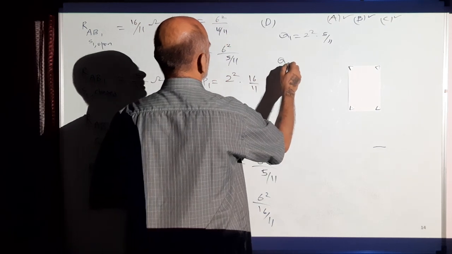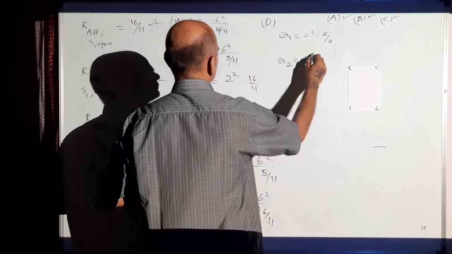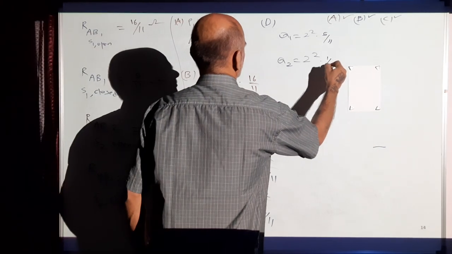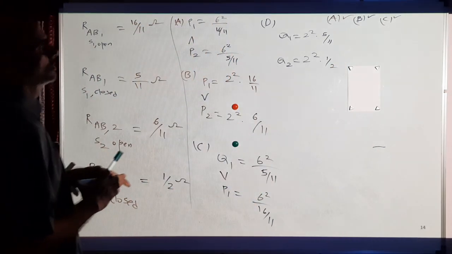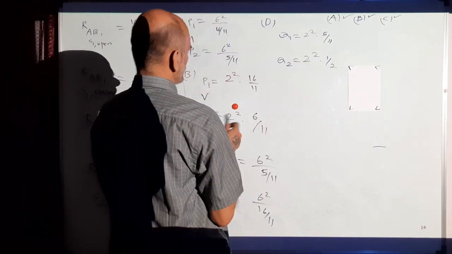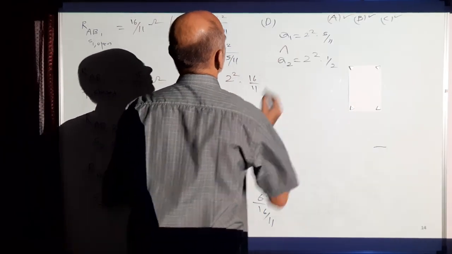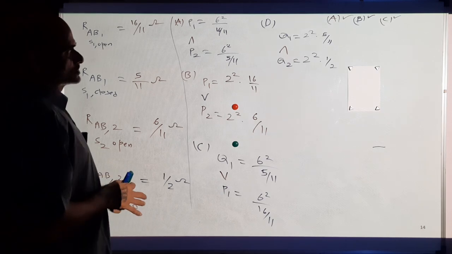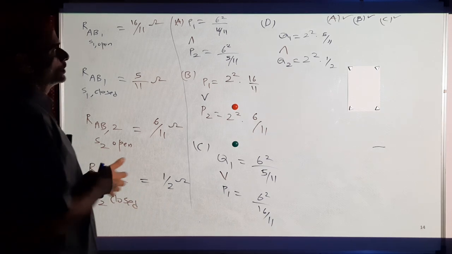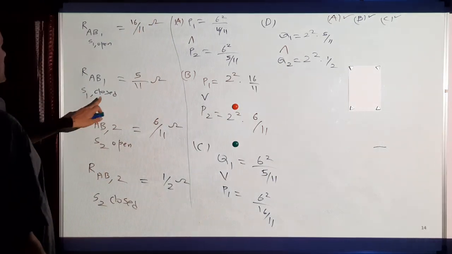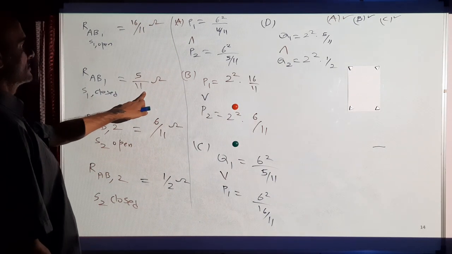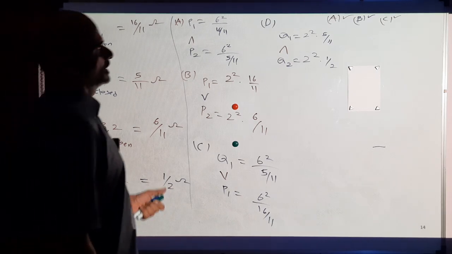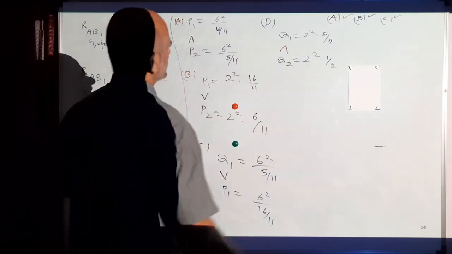Then Q2 is the power dissipated when the 2 amp current source is connected and the switch is closed, so the resistance is half. Q corresponds to the closed switch, so it's I square into this resistance in the first circuit, and I square into half in the second circuit. 5 by 11 is less than half, so Q1 is less.